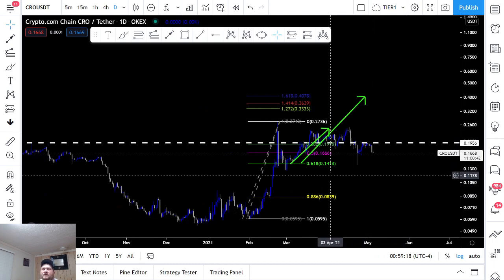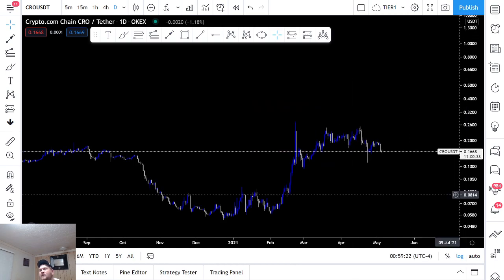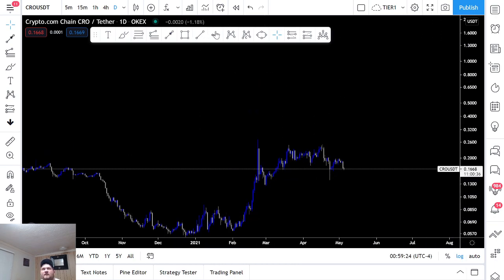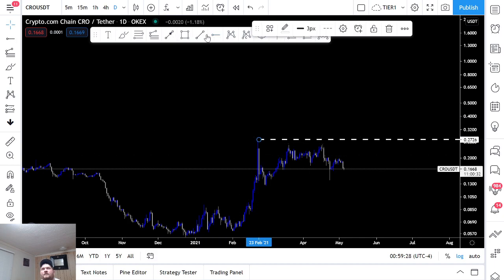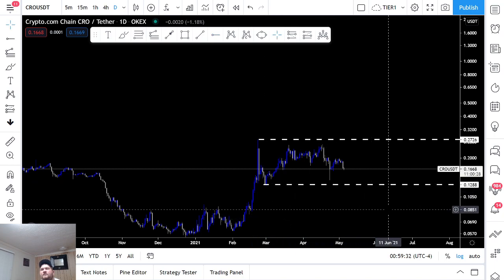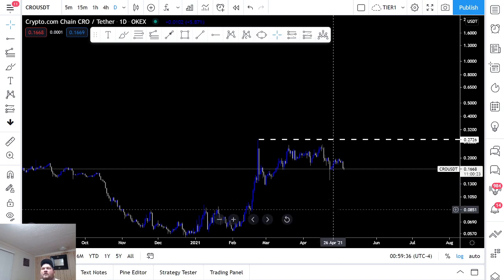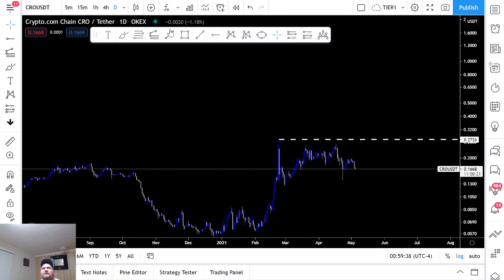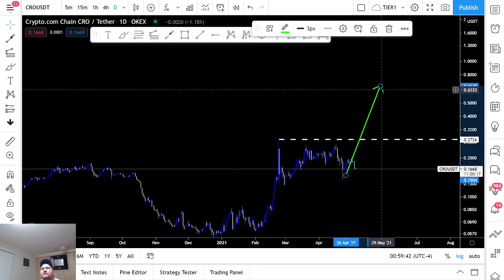If we just delete everything, we would say this is a high, this is low. Well, this is not a high or low yet until we put in an impulse leg up.